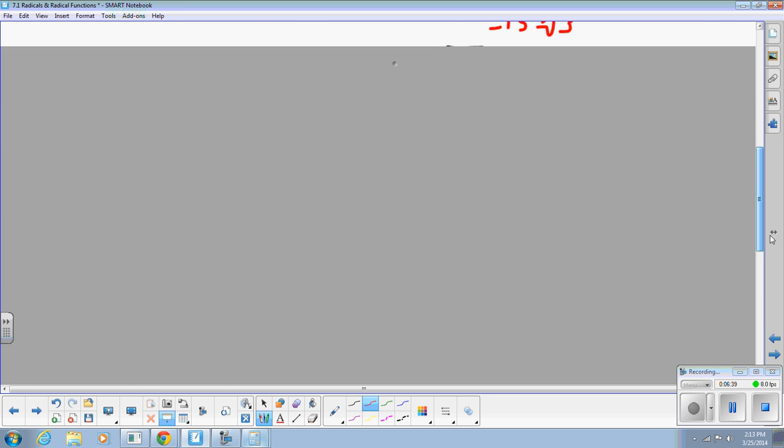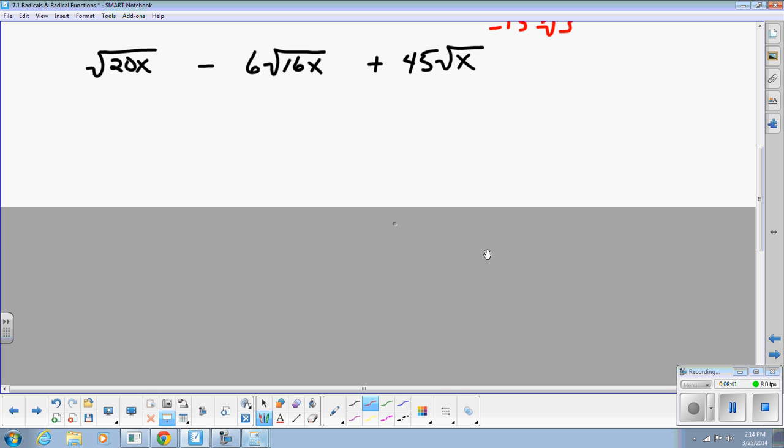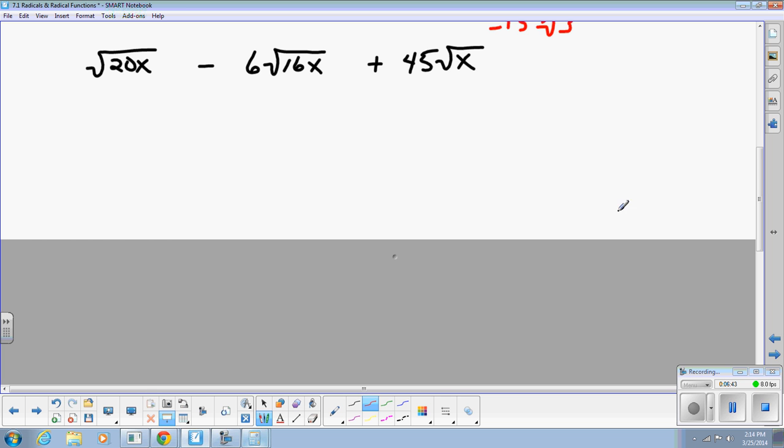Another example for you. This one has 3 terms in it also, but now we have the variables showing up on it. So how do I deal with the variables? Well, when I look at these variables, I'm going to see, do I have common factors in there? Can I simplify some out? So let's see.